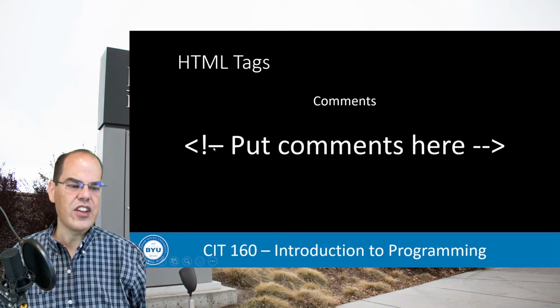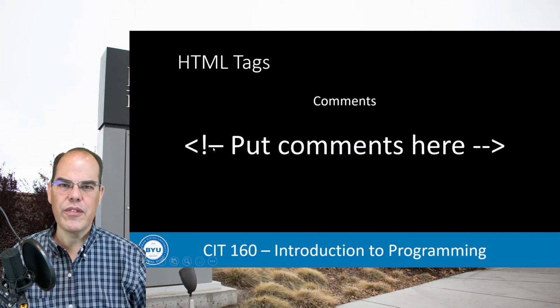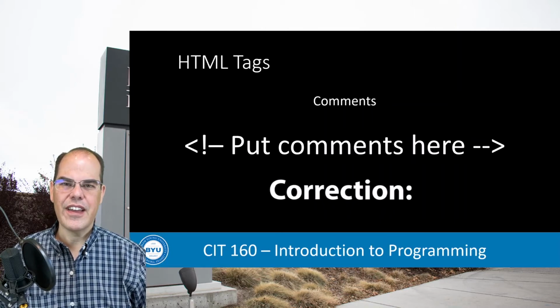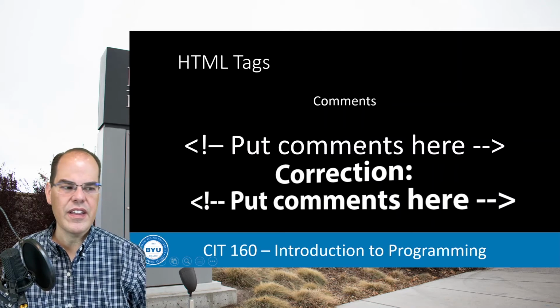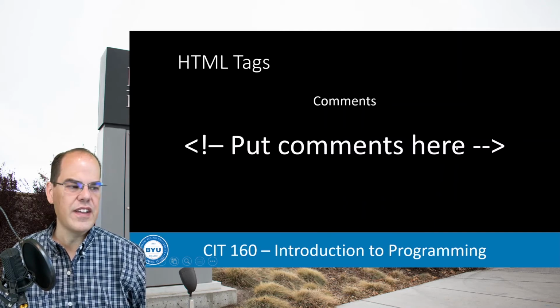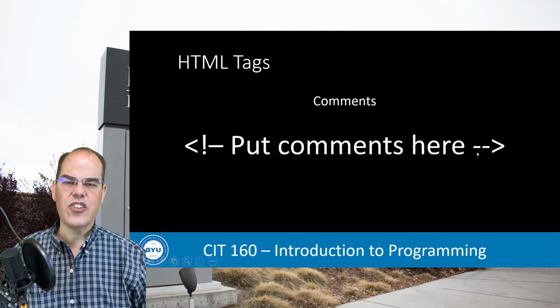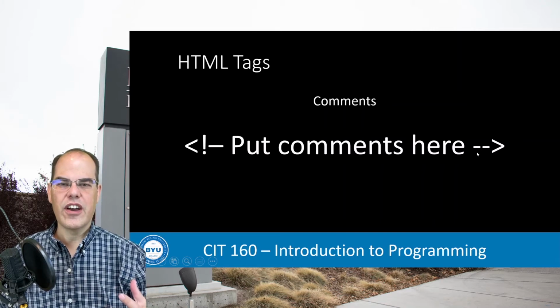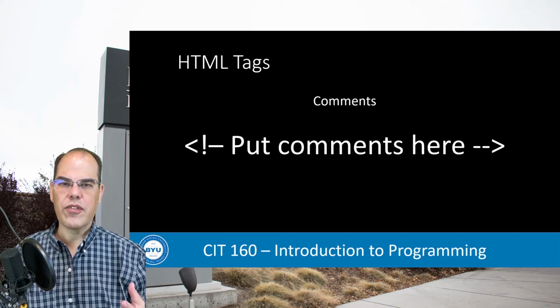And this is actually 2 dashes. It looks like PowerPoint on my behalf decided to make that one big long dash, but this is 2 dashes. Then you put the comment right here. It could be any text that you want, and then 2 dashes, and then it closes with a greater than symbol. Okay, so anything that you want to put in the document that's just for your information, for a programmer's information, you put into a comment tag, and it will not be displayed as part of your web page.